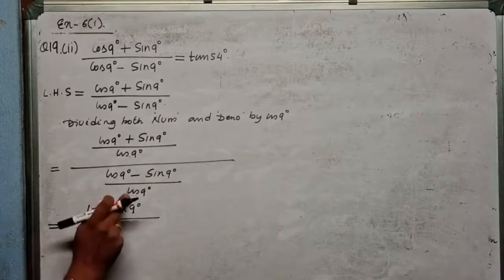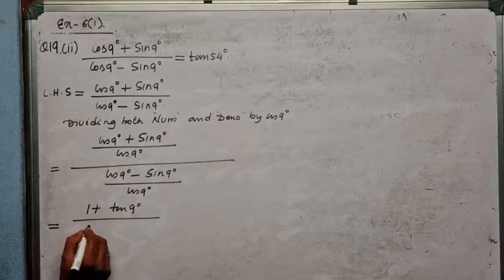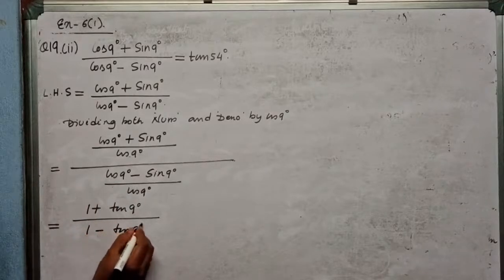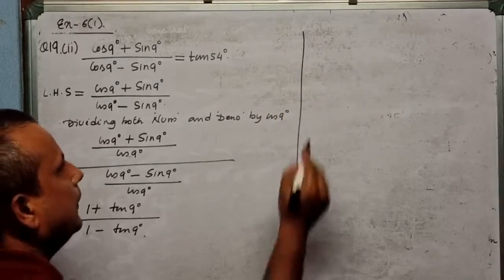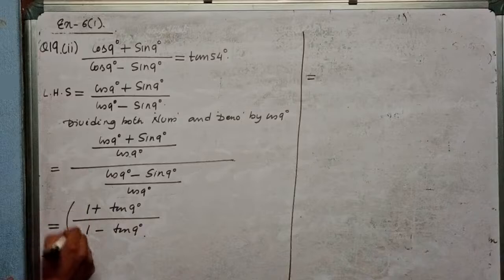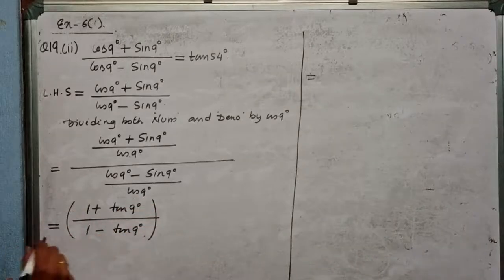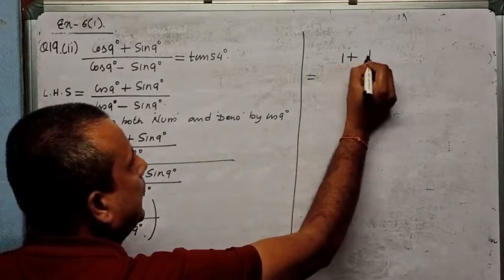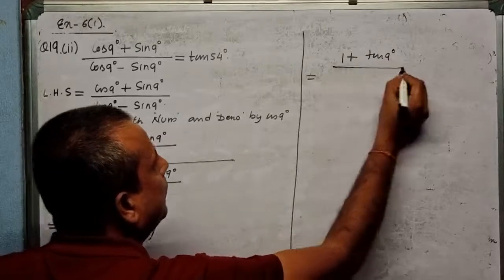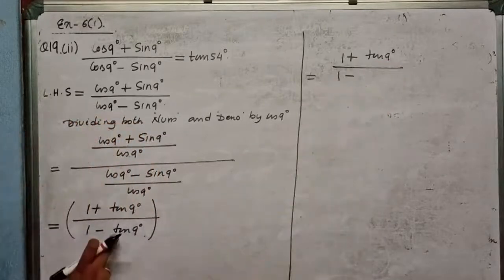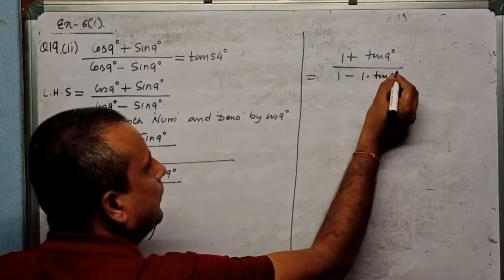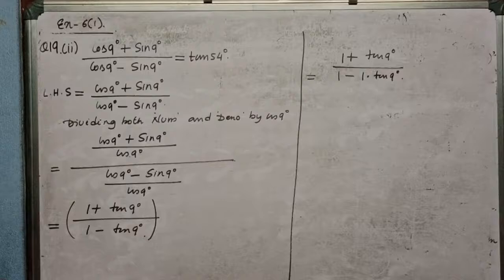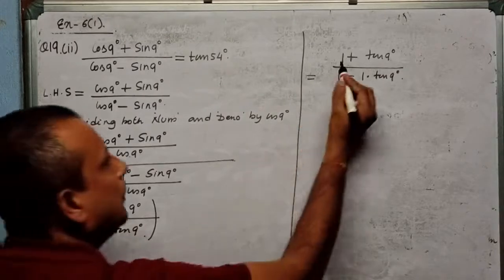Same method for the denominator: it will be 1 minus tan 9 degree. One more trick I'm going to apply here, to convert this quantity in terms of the tan A plus B formula: 1 plus tan 9 degree over 1 minus tan 9 degree. Now we can write 1 into tan 9 degree, which is tan 9 degree. I've added nothing.